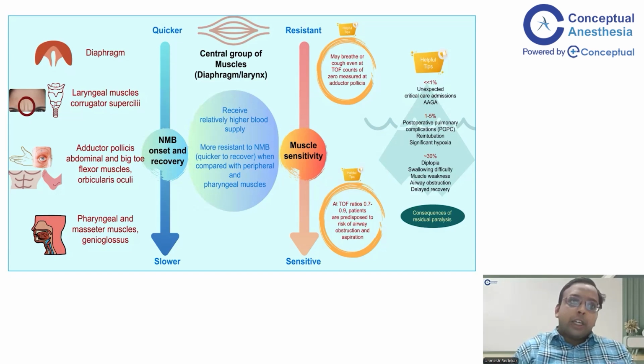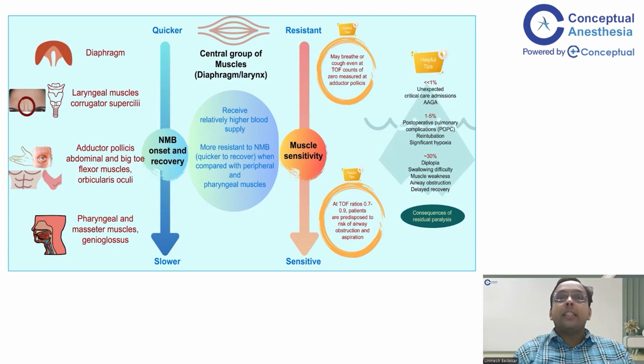We are basically involved to block the diaphragm, after which the laryngeal muscles and corrugator supercilii muscles are blocked. Then the adductor pollicis muscles are blocked, and lastly the pharyngeal masseter muscles and the tongue, that is the genioglossus muscles, are blocked.